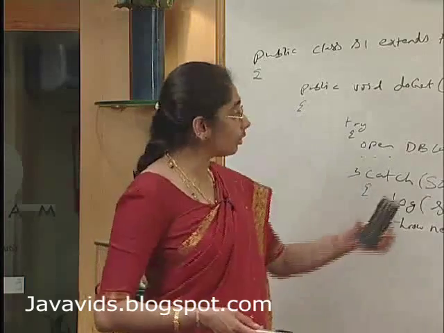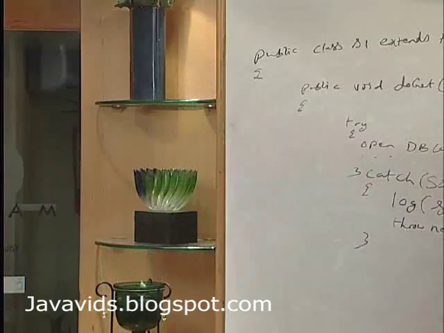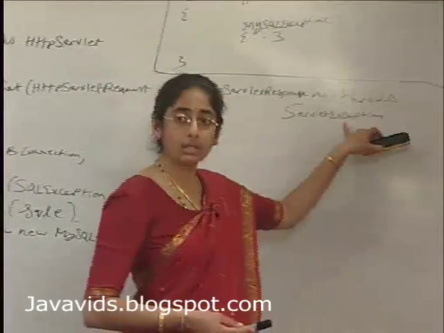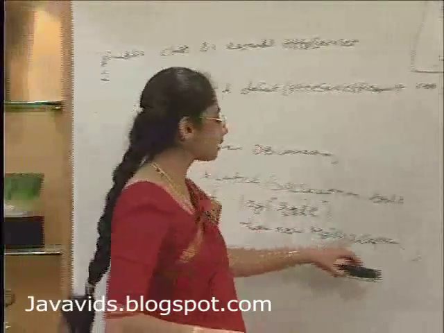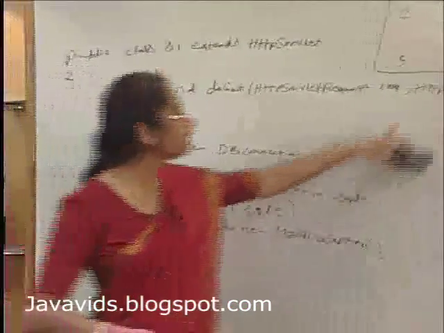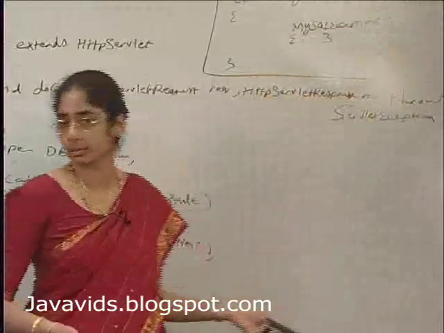Another thing is, if you don't want to be specifically saying servlet exception out here, you can mention it as MySQL exception, because MySQL exception is of type servlet exception.